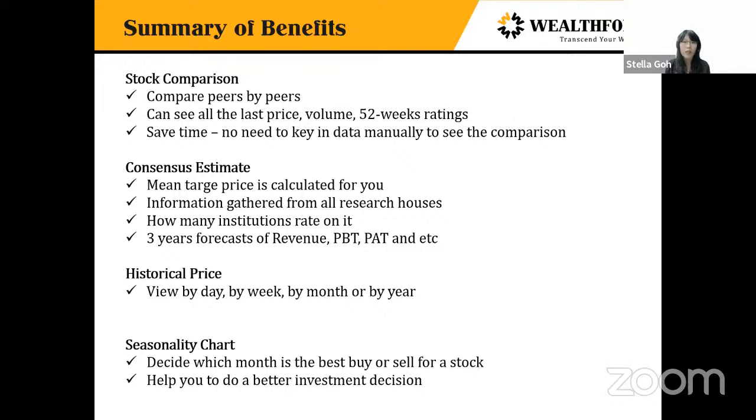While for the consensus estimate, you can see the mean target price is already calculated for you. All of this information are gathered and collected from the licensed research analysts. So you can see how many institutions rate on it. Okay, so you also can see the 3 years forecast of revenue, profit before tax, and profit after tax for each company.